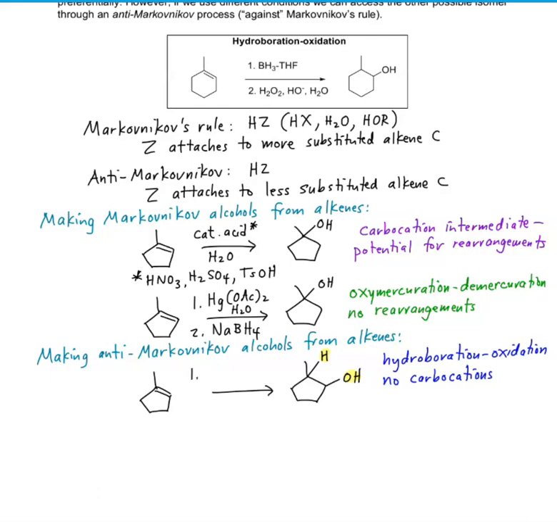In the first step, we're going to use a compound called borane. So we'll just say BH3. Now there's other things that we could use here. We'll talk about those a little bit. In the second step, we're going to treat this with basic aqueous hydrogen peroxide. That's the oxidation step.